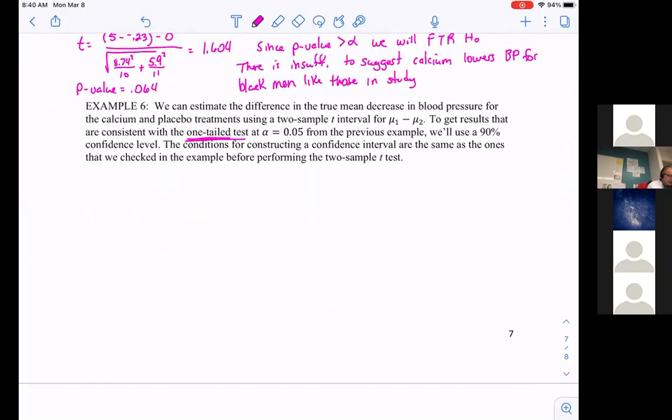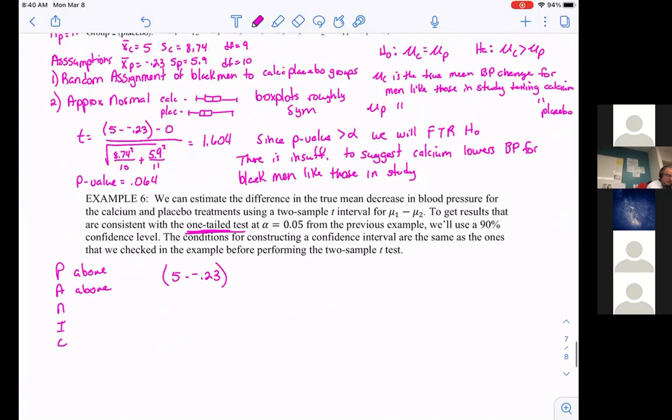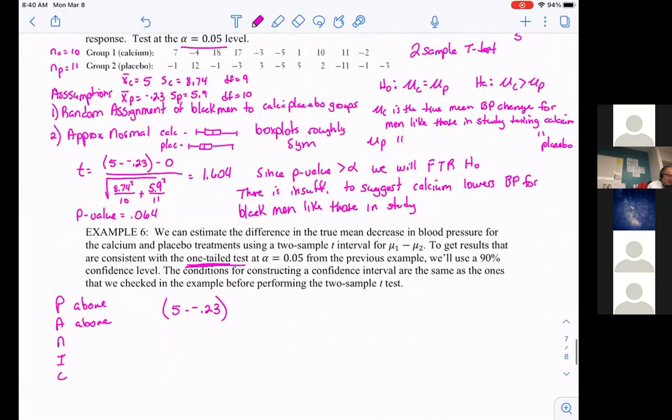Anyway, if we follow our panic, my parameters are above, my assumptions are above. We'll go ahead and write this one out as far as just practice writing an interval. We're observing 5 minus a negative 0.23. Again, all I did was pull my means from up here, so all of this data here is what we're pulling from.